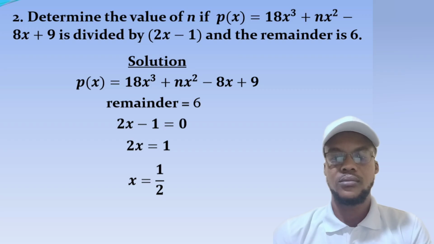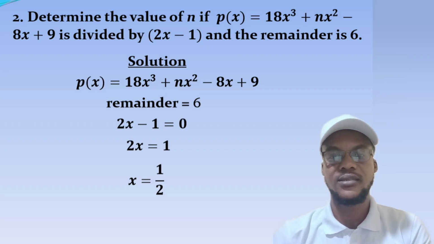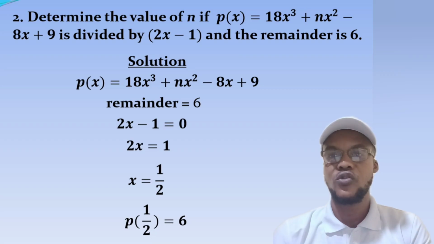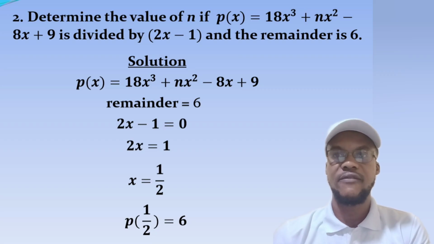Once we are able to get the value of x, what do we do? We just substitute the half for x in the polynomial function given above. Let's quickly do that.